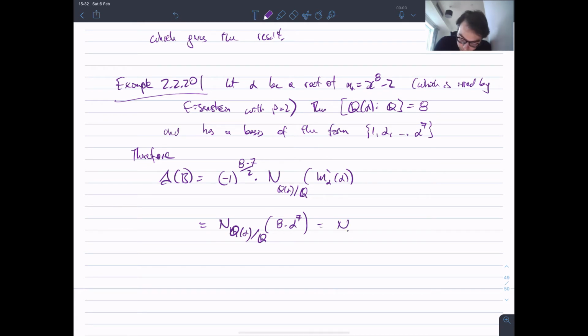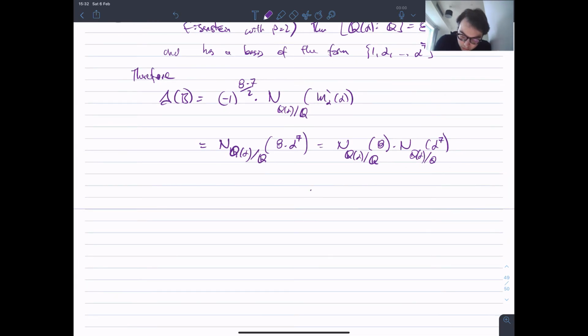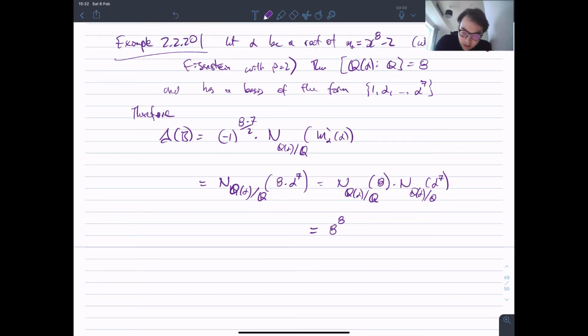which the norm is multiplicative, so now I can split this up. This is norm of the number 8 times the norm from Q(alpha) over Q of alpha to the 7, which you can work out. This is 8 to the 8. If you have an integer and you take the norm in a field of degree, say 8, then you're just going to get that same integer to the power 8.